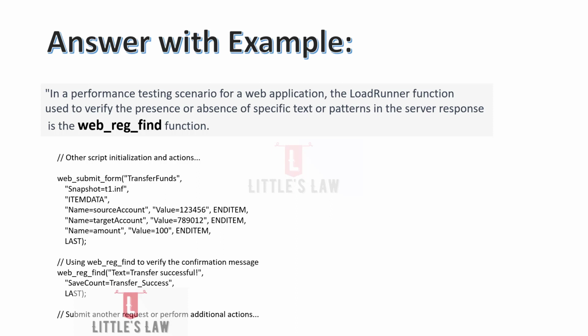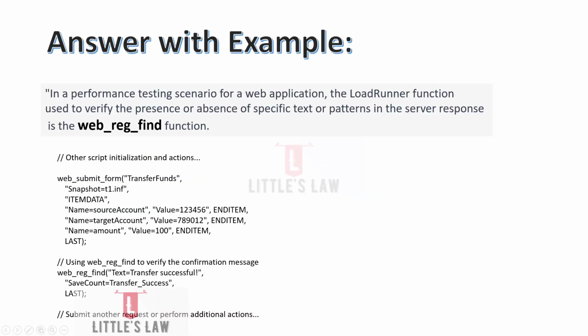So here is how the LoadRunner script might look, and you have to write this example. There is a web_submit_form which takes the transaction name and a snapshot, and you are giving names and values: the source account, the target account, and then the amount.